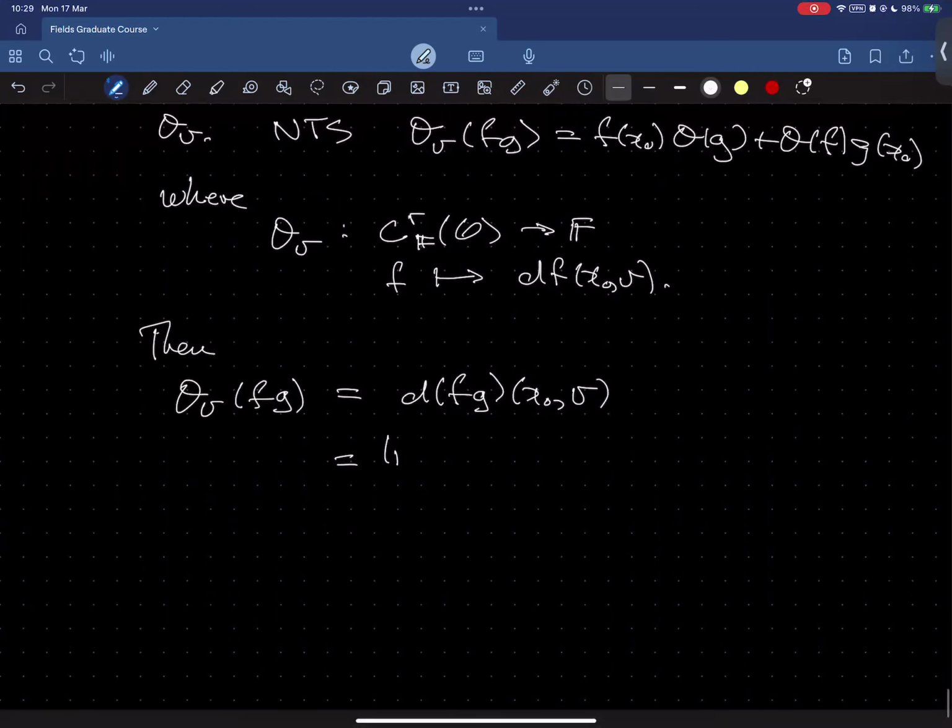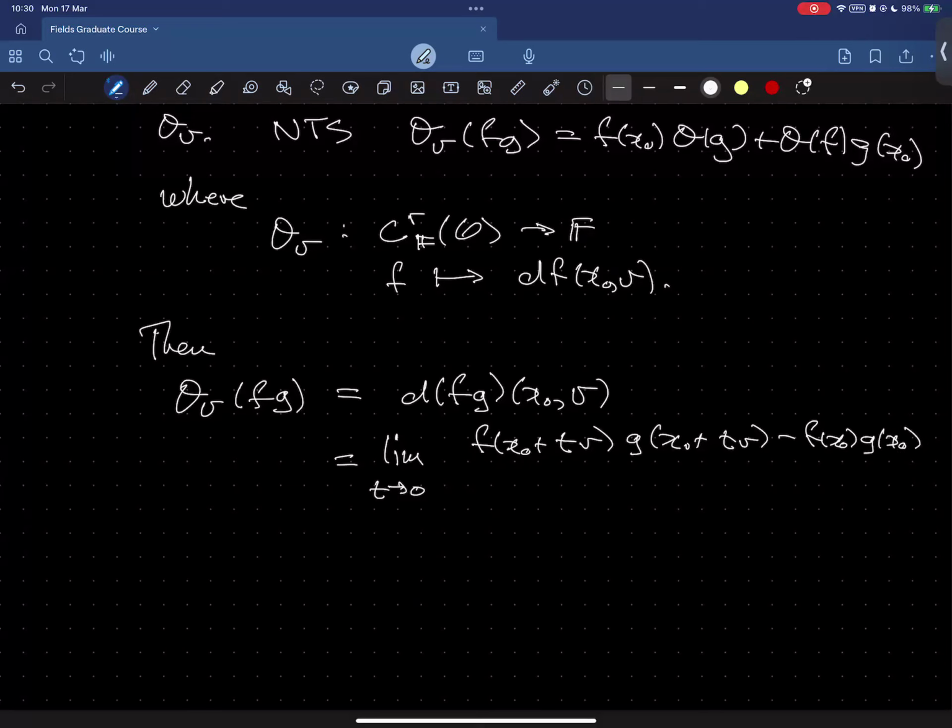And by definition of D, this is the limit as t goes to 0 of f of x naught plus tv, g of x naught plus tv minus f of x naught, g of x naught over t. Okay, that's the definition of d, the directional derivative.